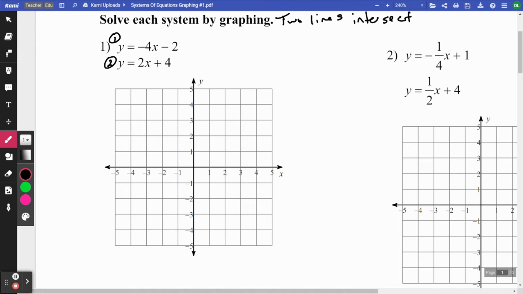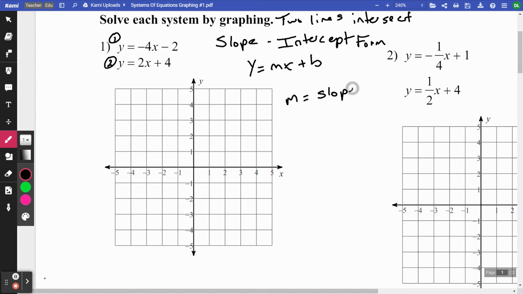So what we have to do is take these two equations and graph them. Now these equations are in slope intercept form, which is y equals mx plus b, right? M is my slope. And remember, your slope is always a fraction.